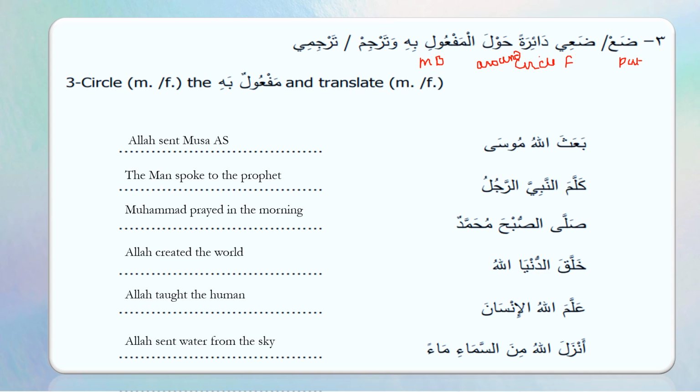Ba'athallahu Musa. Fa'il plus fa'il, and comes the maf'ul bihi. So Musa is in the place of maf'ulun bihi. Allah sent Musa. Kallama nabiyya ar-rajulu. Now, didn't I tell you that if you have a jumla fi'liyya, the fa'il or the maf'ul bihi can interchange its place.